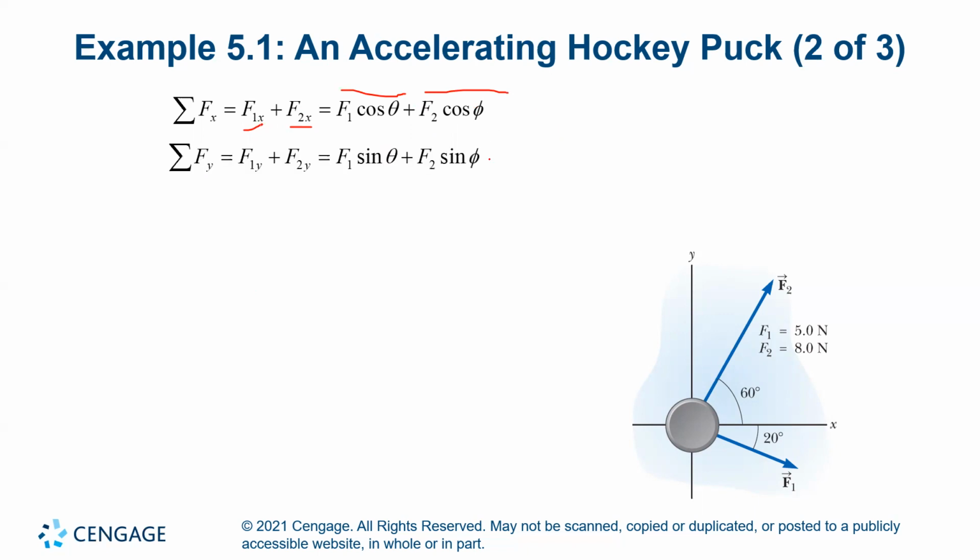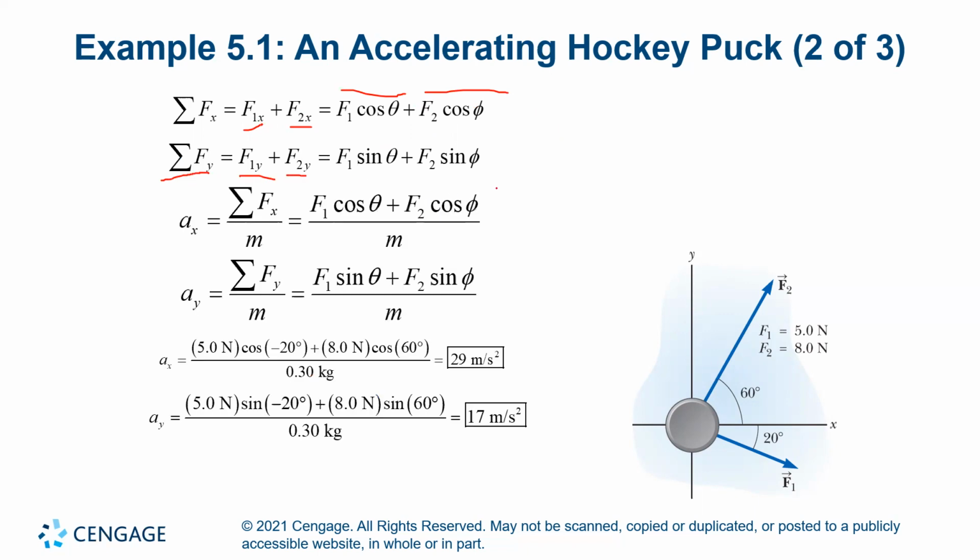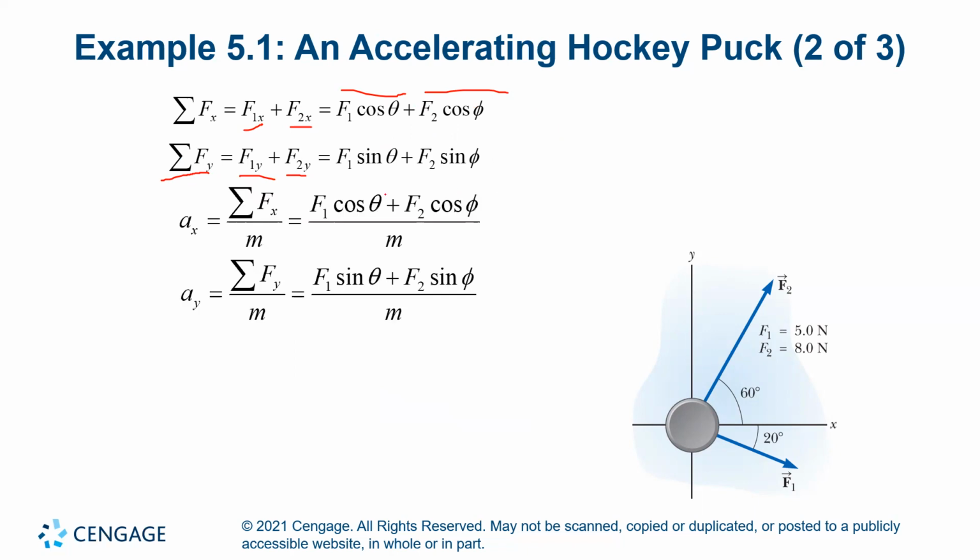The net force along the y is just the y component of F1 plus the y component of F2. And so the acceleration along the x is the net force along x divided by m, the mass of the hockey puck. And acceleration along y is the sum of the y components of the force divided by mass.